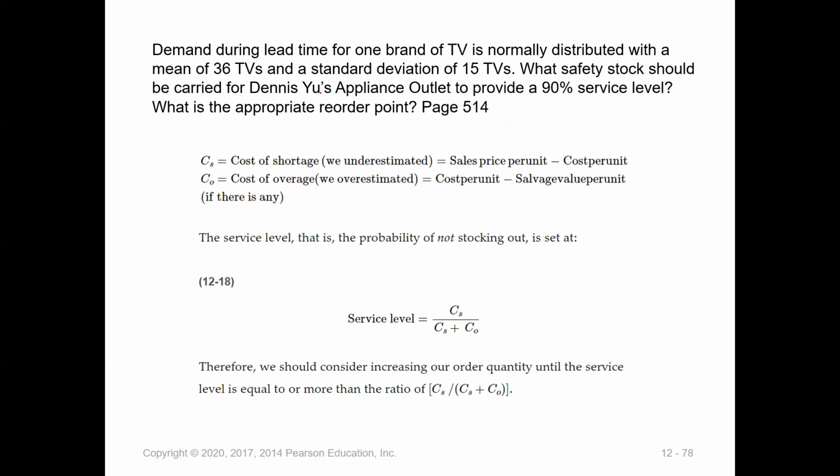To provide a 90% service level, in this example with a mean of 36 and standard deviation of 15, X is equal to 36 plus Z times 15.